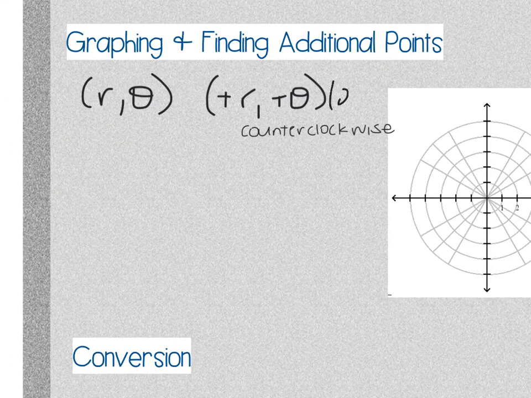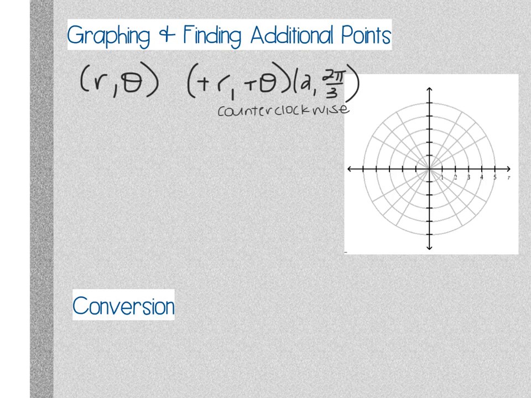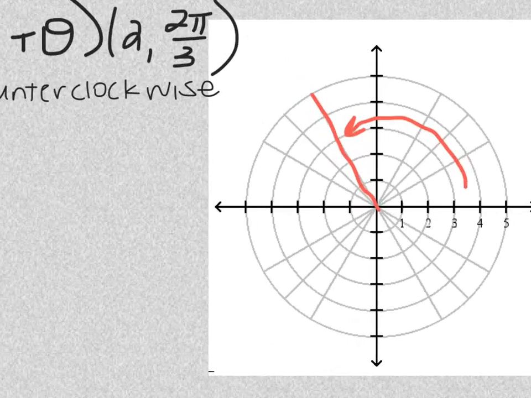So if it was 2, let's say 2 pi over 3, I'm going to go around to 2 pi over 3, which is along this angle. And then I'm going to go to the second ring and plot a point.